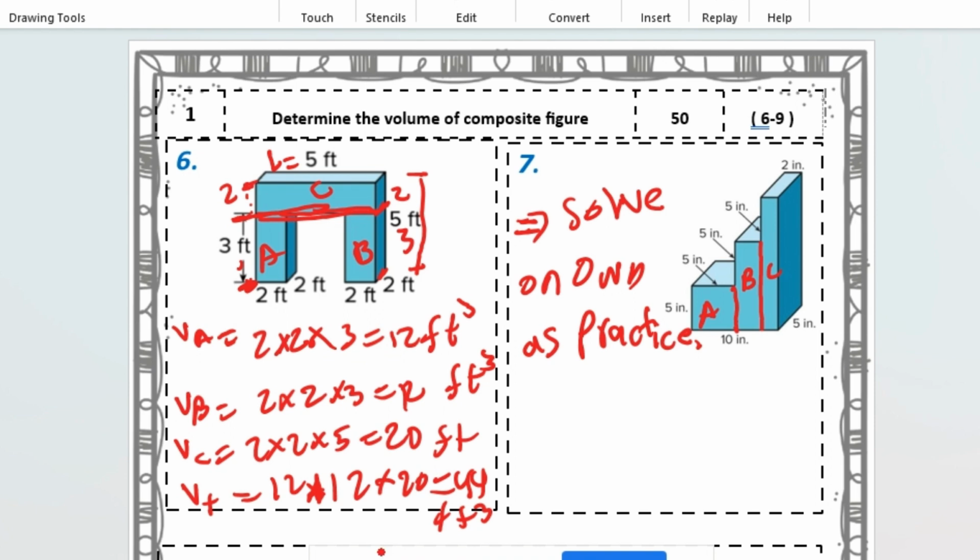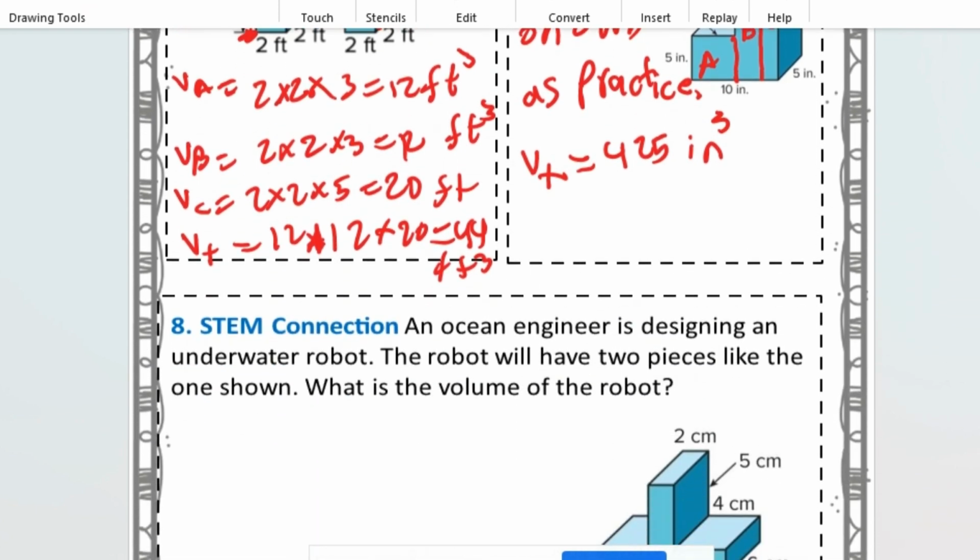What I'm going to do is just give you the final answer, which is the V total is 425 inches cube. Okay, so I want you all to solve this question on your own, just as a practice. Okay, now let's move on to the next one.